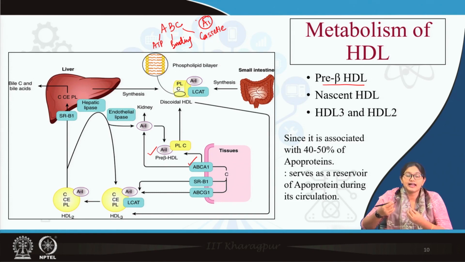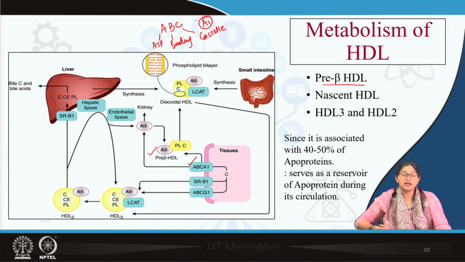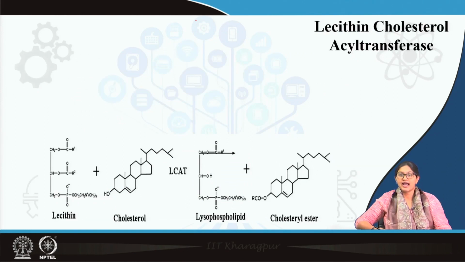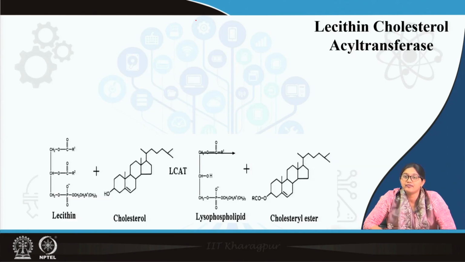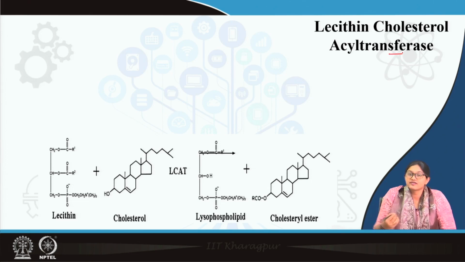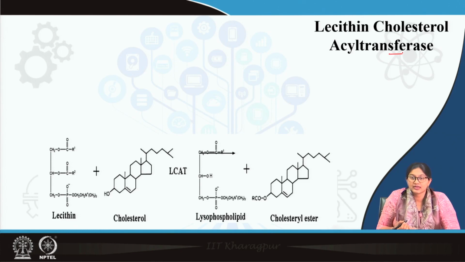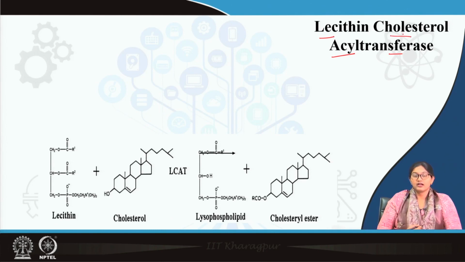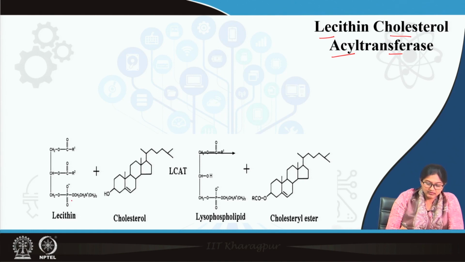Now, what is that LCAT? That is the lecithin cholesterol acyl transferase enzyme. As is evident from the name, transferase means it transfers an acyl group from lecithin to cholesterol. So, you can see this is our LCAT enzyme.